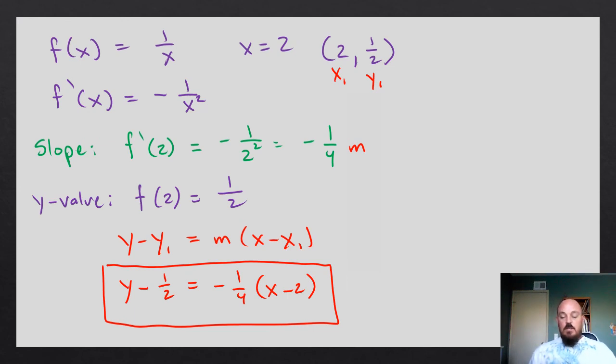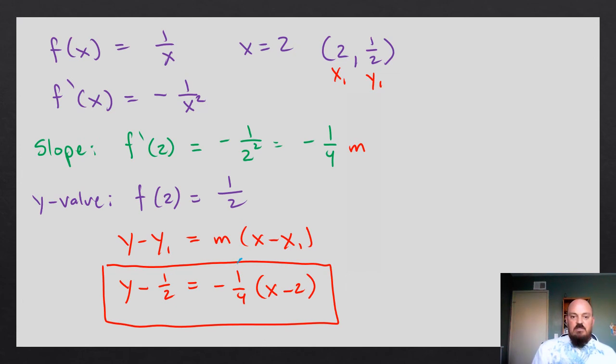Now, if you did want your answer in slope-intercept form, sometimes you do, or sometimes maybe it's a multiple choice question and the answers are in that form. If you're already in point slope form, it's actually really easy. Just distribute the 1/4 and combine like terms.